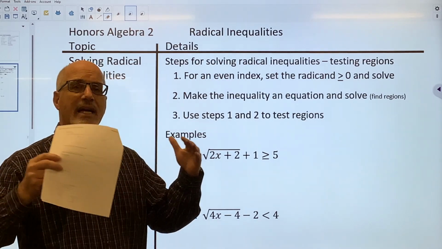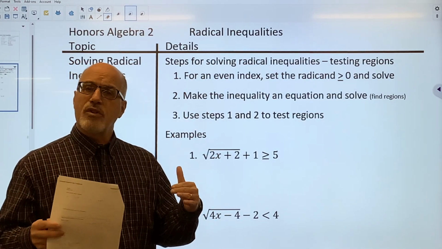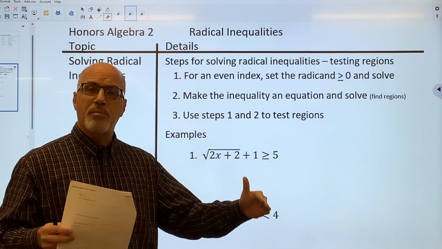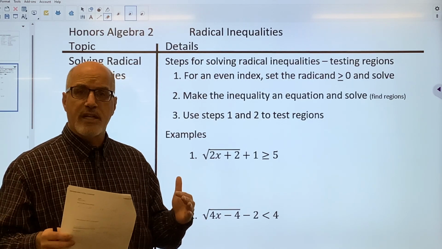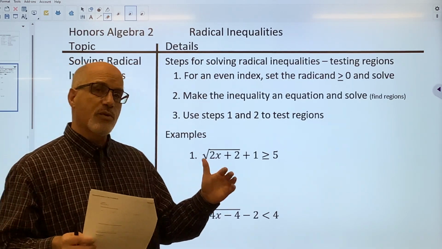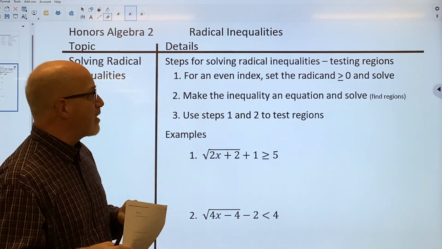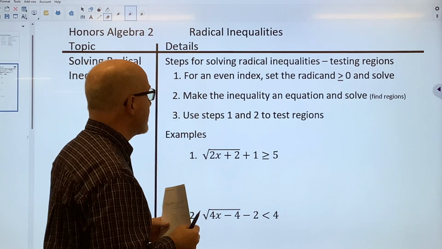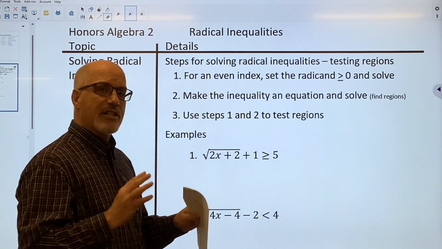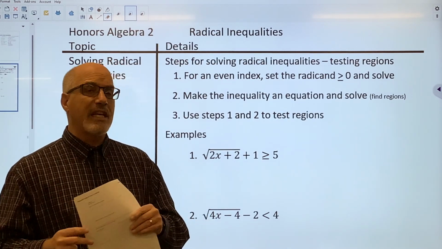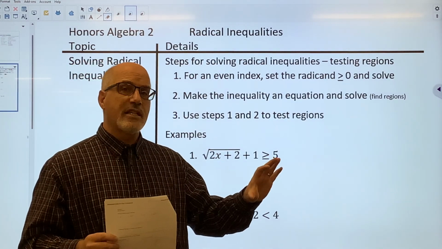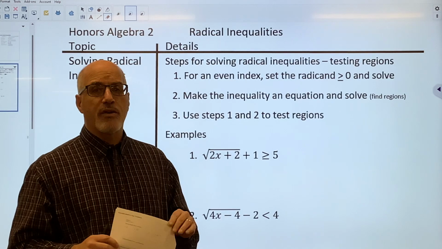The first big idea here is that we're going to look at finding the boundaries for possible shading regions for the inequality, and we're going to test those regions to find our solution. So steps for solving radical inequalities by testing regions. First of all, if it's an even index, you need to have the extra step of making sure you check to see where your radicand is greater than or equal to 0.